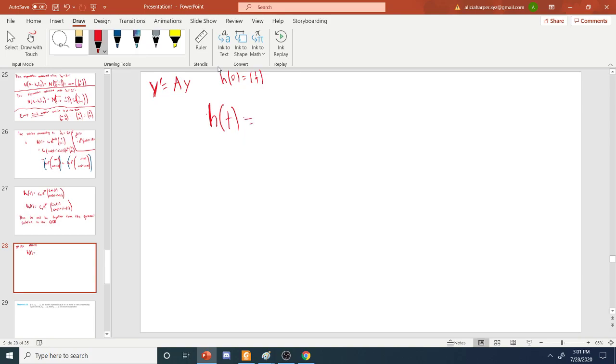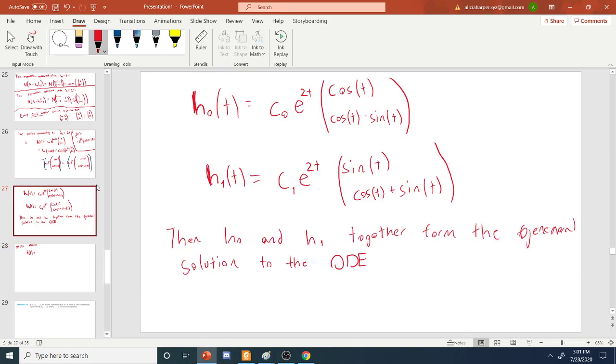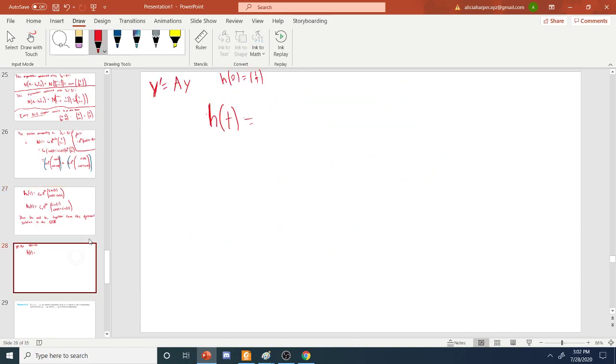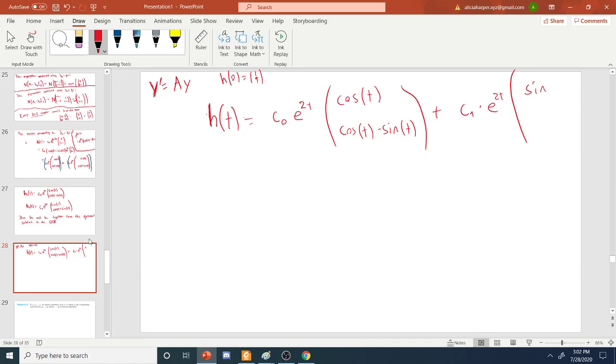Well, this right here is going to be, for us, the sum of these two functions. So c naught e to the 2t cosine of t, cosine of t minus sine of t, and then plus c1 e to the 2t sine of t, cosine of t plus sine of t.